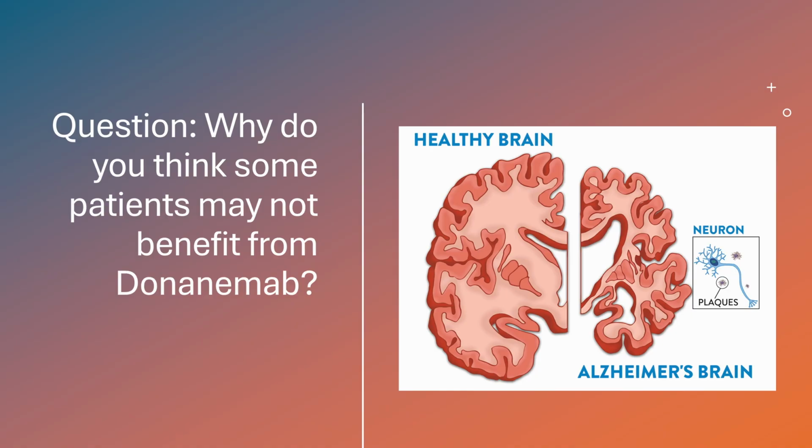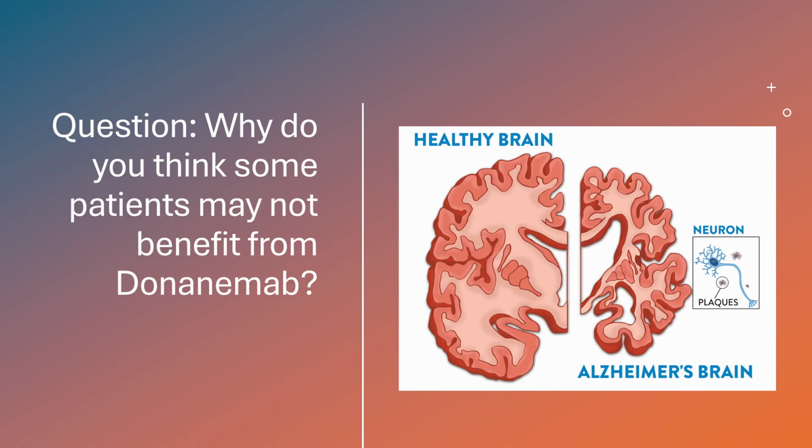We may also ask the question, why do you think some patients may not benefit from donanemab? Patients that have late onset or late progressive Alzheimer's disease may not benefit from donanemab because once we already have a significant amount of neuron cell death, there's no reversing that.